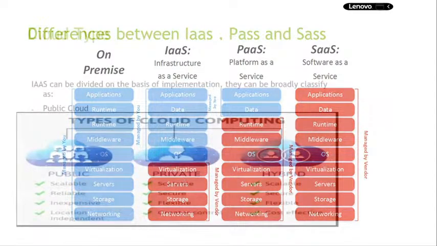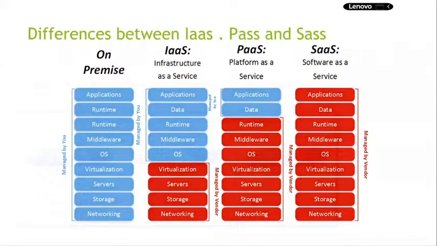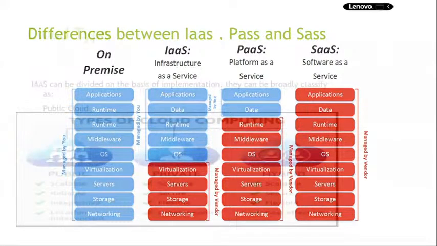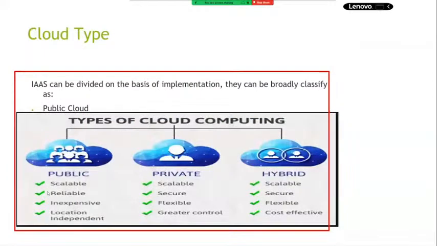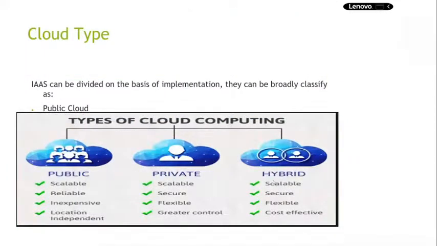Next, see, these are the types of cloud. What are the types of cloud? Public, private, and hybrid. What is public, guys? It is a generic term, right? Public means accessible by all. The resources can be accessed from anywhere in the world, that is called public.